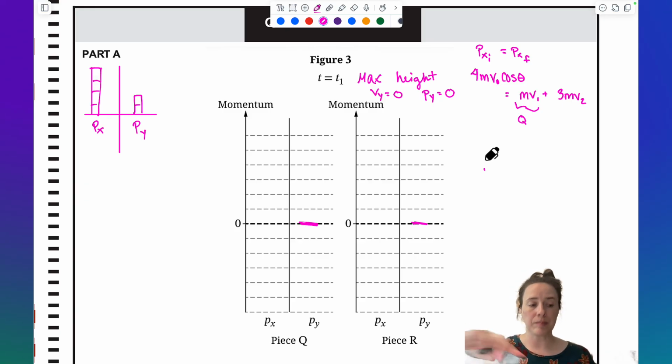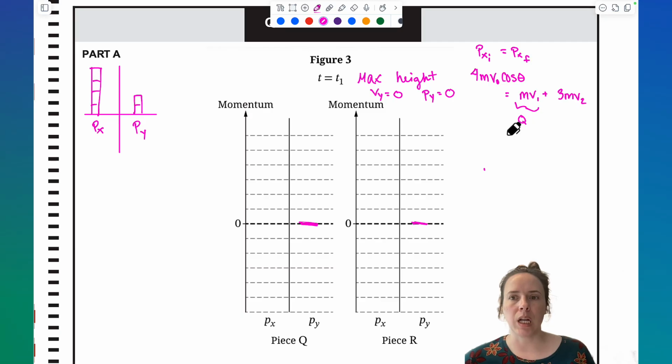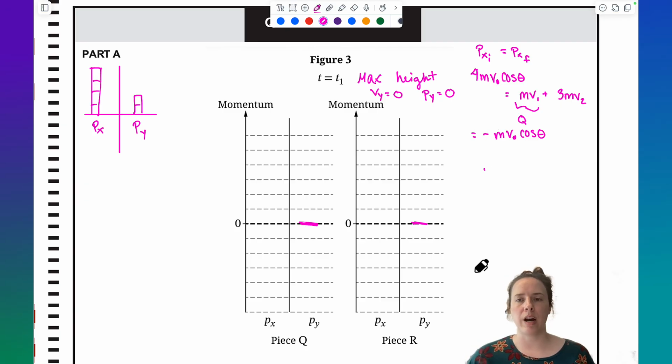That tells me if my initial velocity was v naught cos theta to get up to the top, my velocity to get back down to where I started is going to be v naught cos theta, but in the opposite direction. So his momentum after the crash is going to be minus v naught cosine theta, because he's going to the left back to where we started.